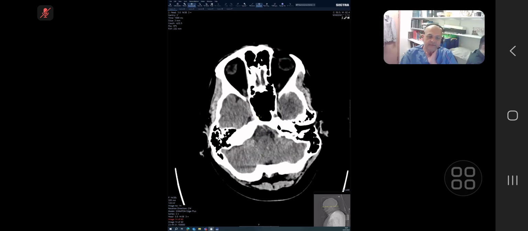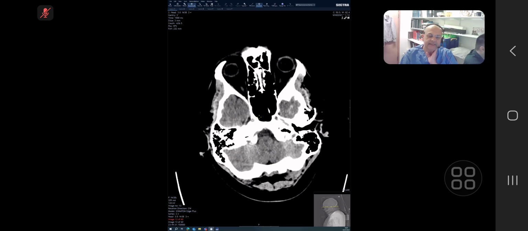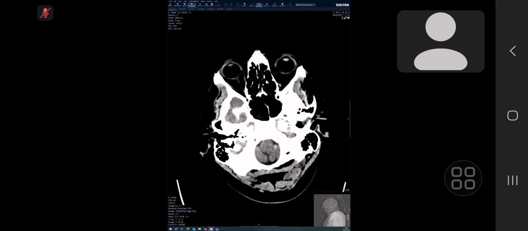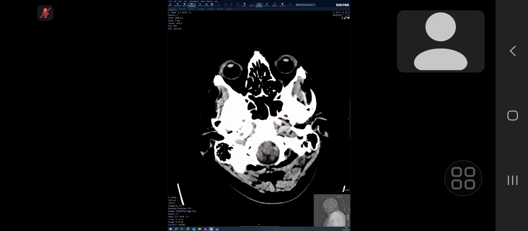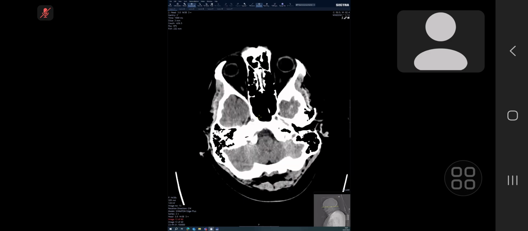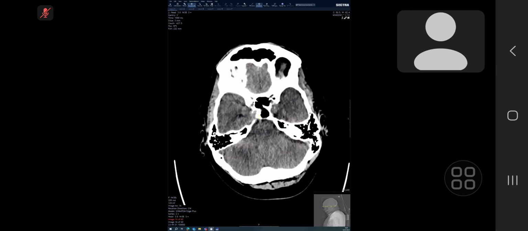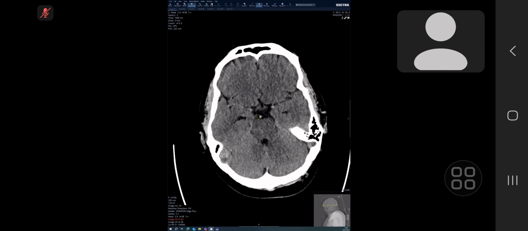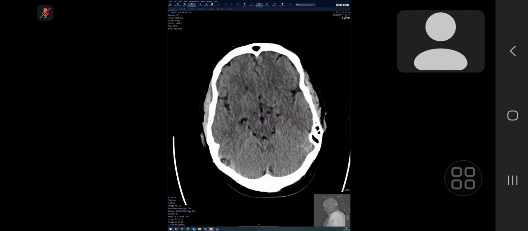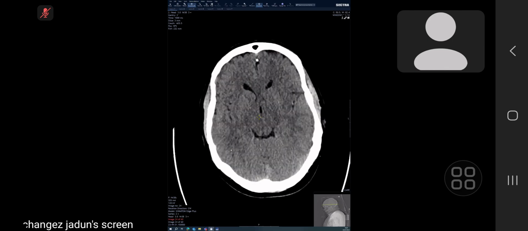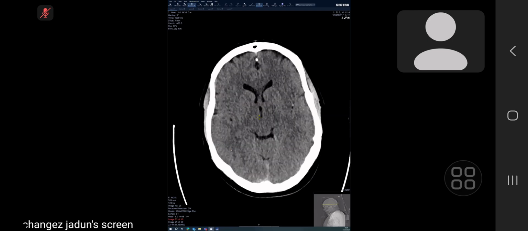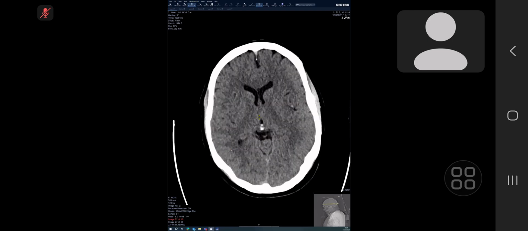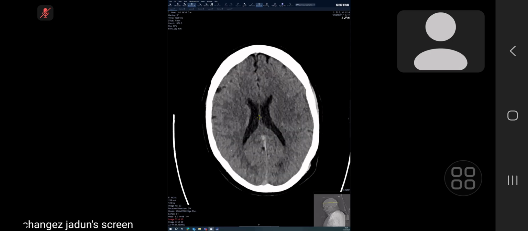Keep going. There shouldn't be silence. Keep describing as I show the images. Okay, sir. I can appreciate that there are diffuse hyperdensities in the left cerebral region.